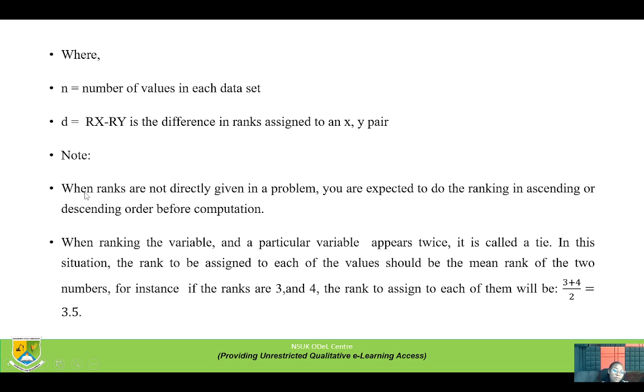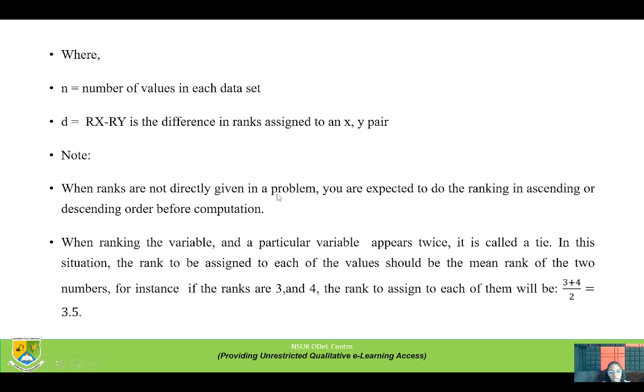Only values of x and y will be given for you to compute the ranks. So you have to put that into consideration. You cannot go ahead to begin to find the difference in ranks from the values of x and y. You have to arrange them according to ranks, and then you find the difference in ranks, except if given as ranks from the onset.